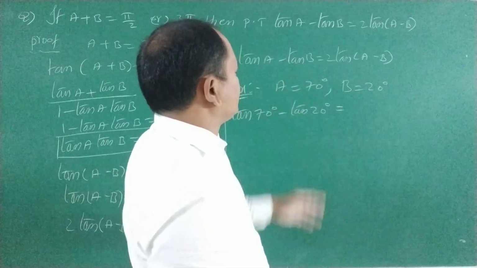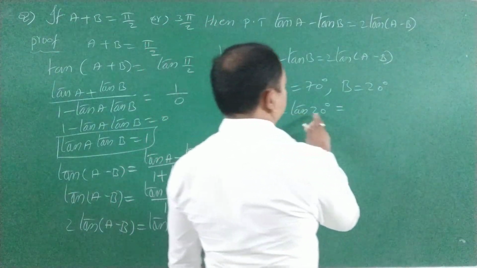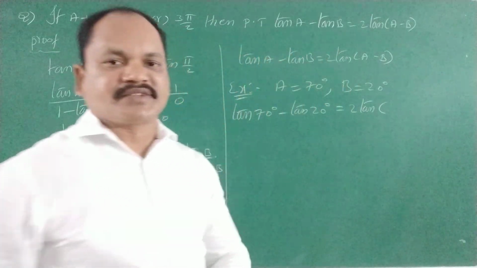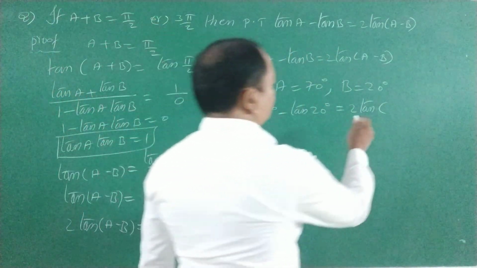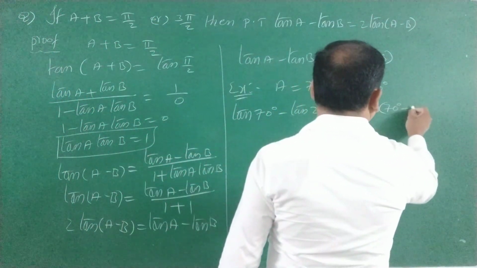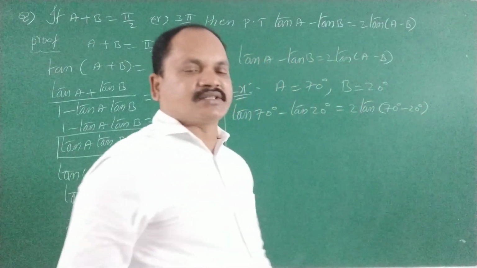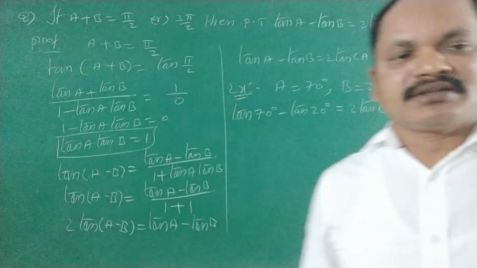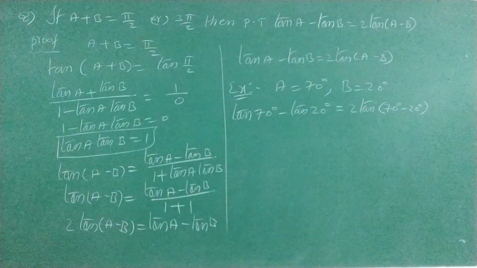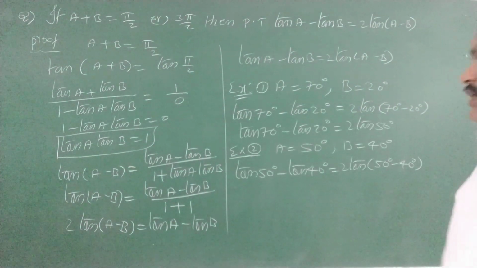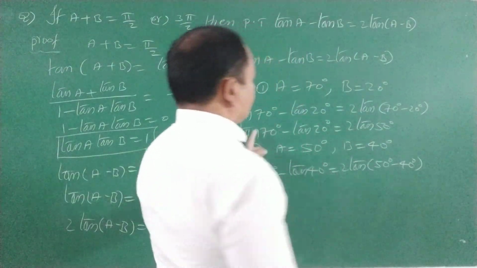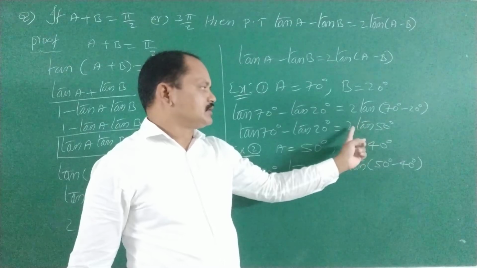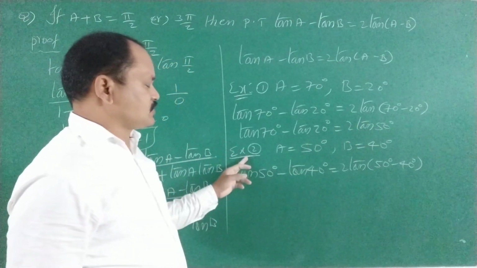So tan 70 minus tan 20 is 2 tan of 70 minus 20. 70 minus 20 is 50. So tan 70 minus tan 20 is 2 tan 50.